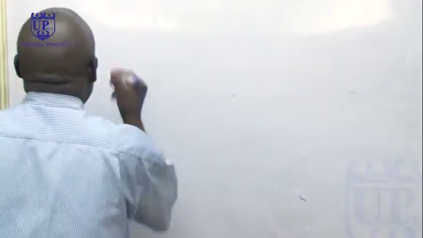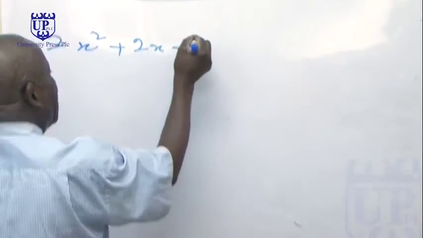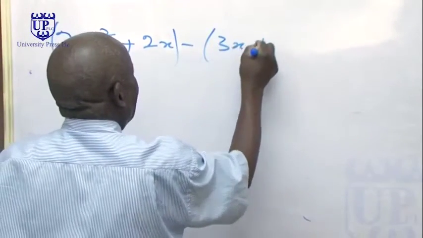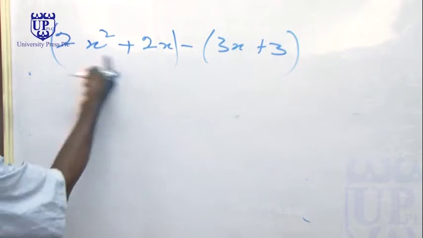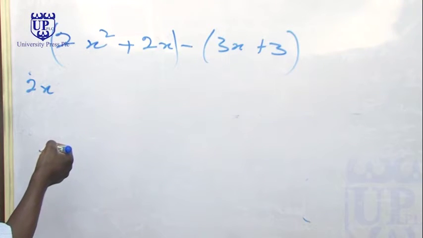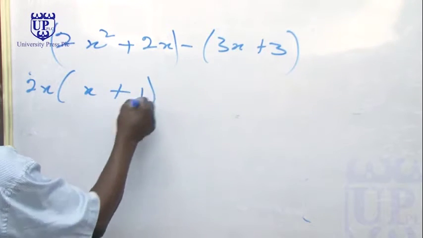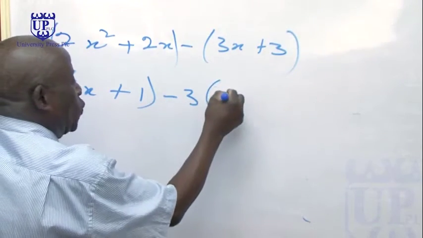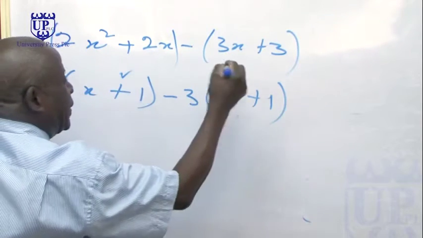Add 2x squared plus 2x minus, I put this one in bracket, 3x plus 3. We are now very free. Factor it out. The common factor here is 2x. You remember GSS 2 maths. 2x, this is x plus 1, minus, take 3 out, x plus 1. Getting to this stage, there is still a common factor, this and this.